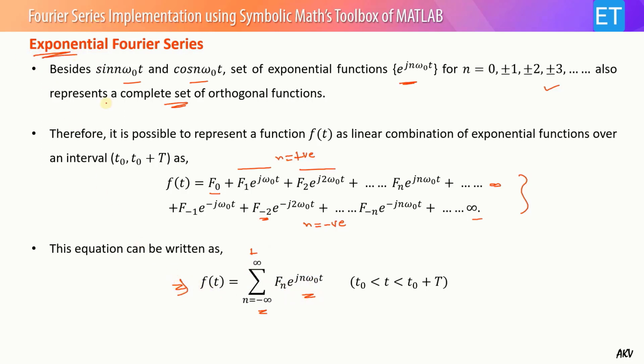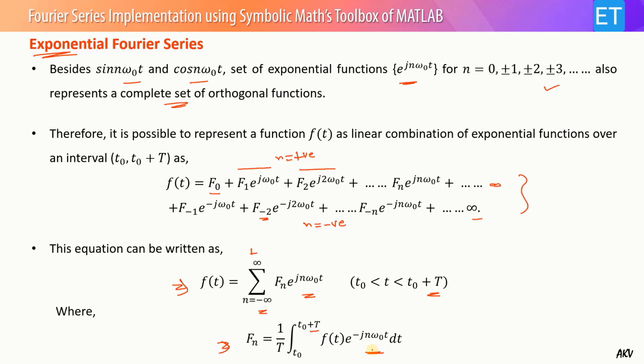So this is an exponential Fourier series representation of f(t) in an interval t0 to t0 plus T. Here fn can be found by this equation: 1 upon T, integration over one time period, f(t) e power minus j n omega naught t dt.